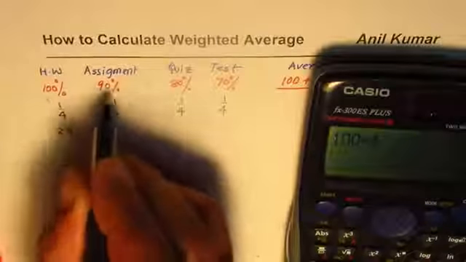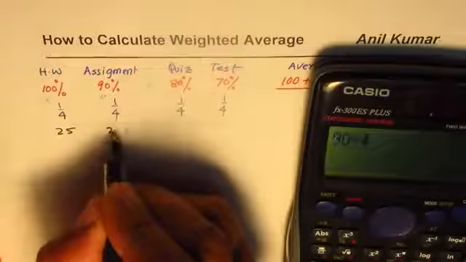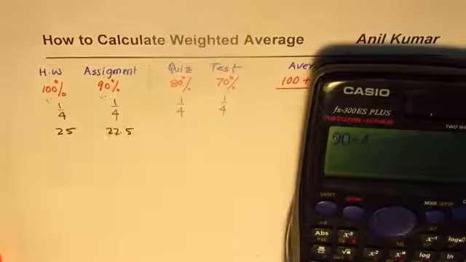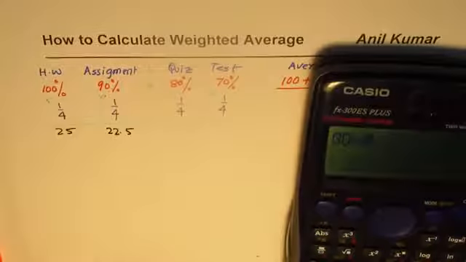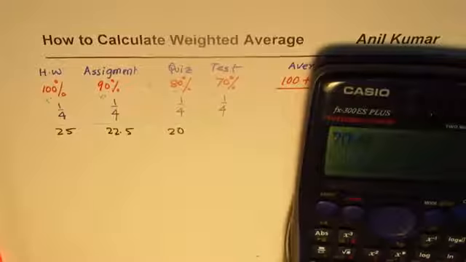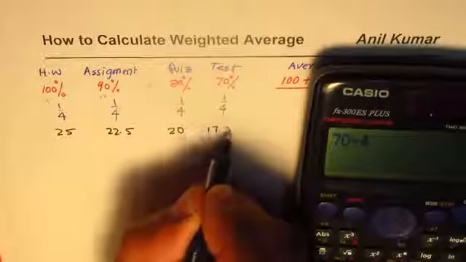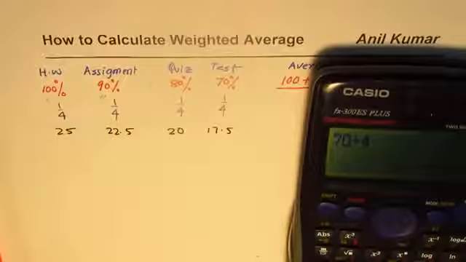We get 25 here. 90 divided by 4 is, let's write in decimals, 22.5. 80 divided by 4 is 20. And 70 divided by 4 in decimals is 17.5.